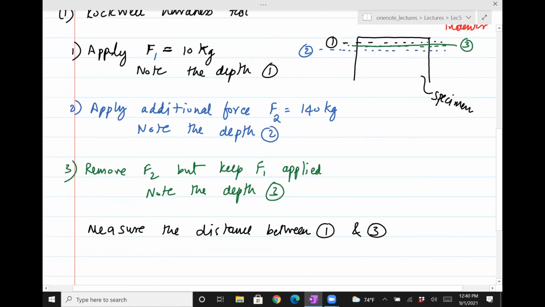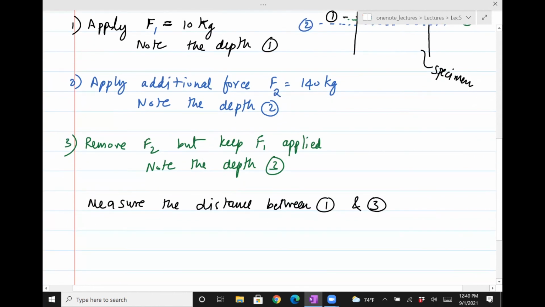Okay, so 1 and 3 are the depths produced by F1 only, right? But the reason why they're different is because in one case there was no F2. In another case, there was F2 which was applied and then removed, which is the case of 3. And so that distance is, let's say, E.